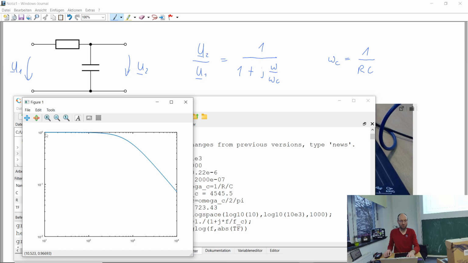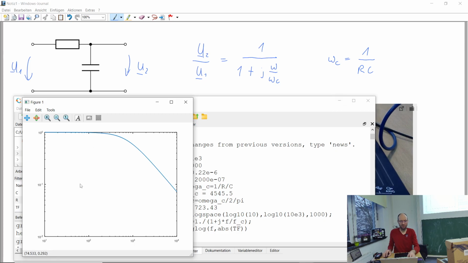For low frequencies, it's just 1. For high frequencies, we can see approximately, right here is 100, here somewhere is 700, here's our corner frequency. And if we check, for example, from here to here, we increase the frequency by a decade, and the amplitude also goes down by 1 decade. And 1 decade is 20 dB.